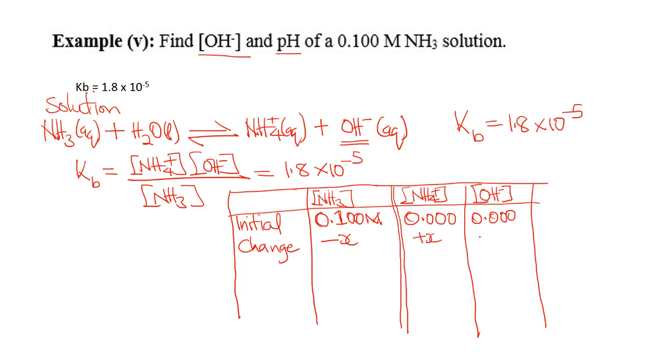Here plus X, plus X. The equilibrium concentrations here will be 0.100 minus X, X, and X.